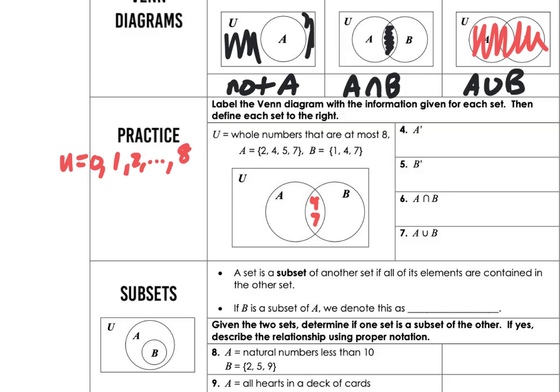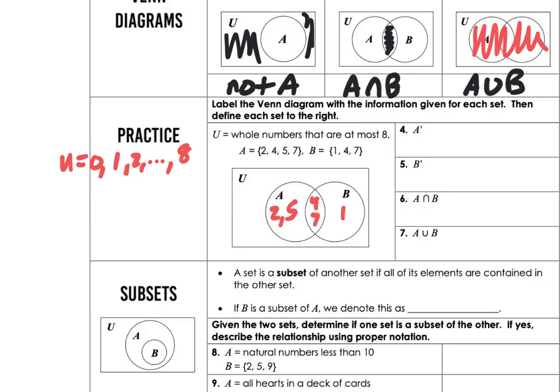That's the intersection of A and B. Then the numbers that would go here are the numbers that are in A but not B. Well, we've already used 4 and 7, and then 2 and 5 are in A but not in B. So they're not in that overlapping area. For B, 1 is the only number that's in B but not in A.